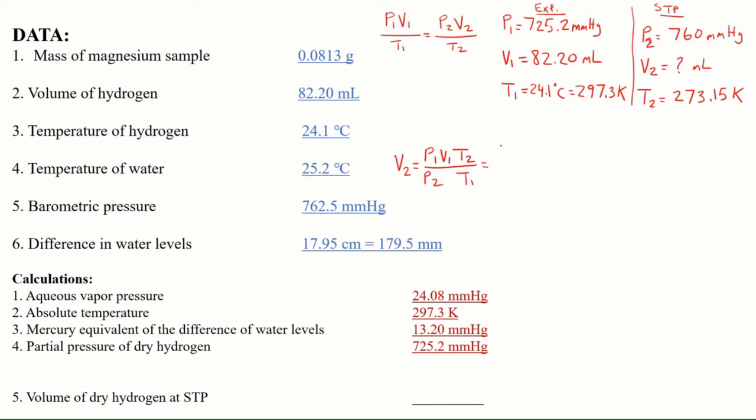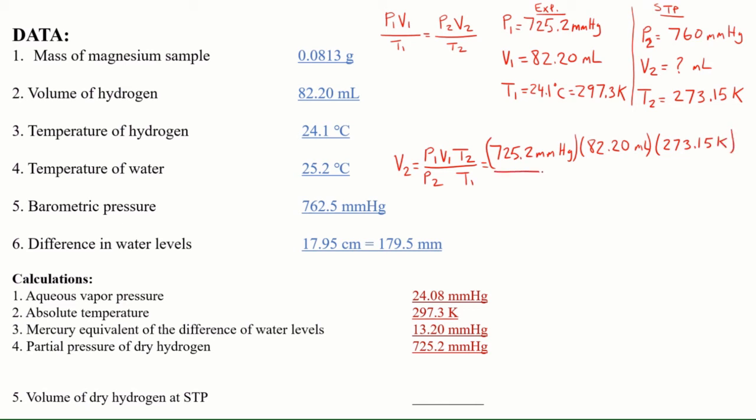Our P1 is 725.2 millimeters of mercury times V1, which is 82.20 mLs, times T2, which is 273.15 Kelvin.